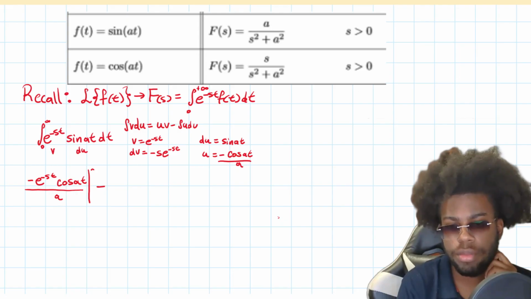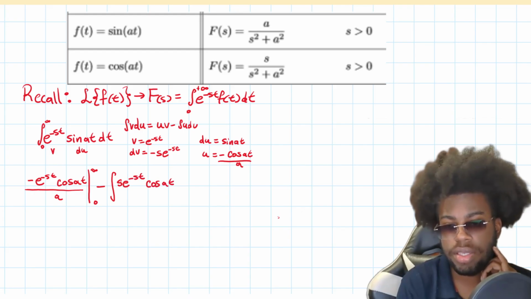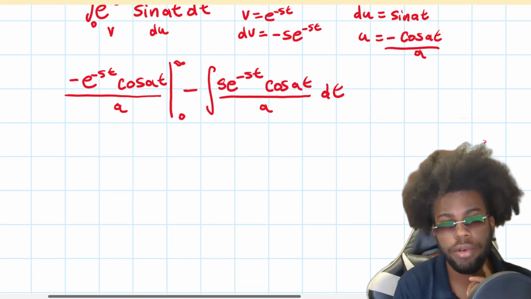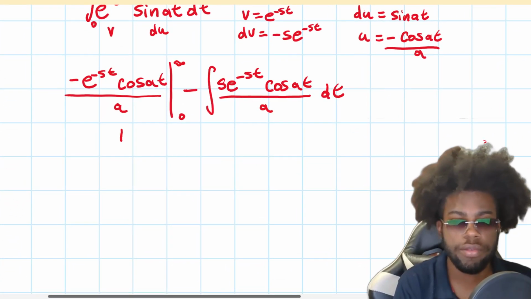Let's put back our limits. Minus the integral of u dv. So u times dv is going to give us s e to the minus st cos at over a dt. Wonderful.